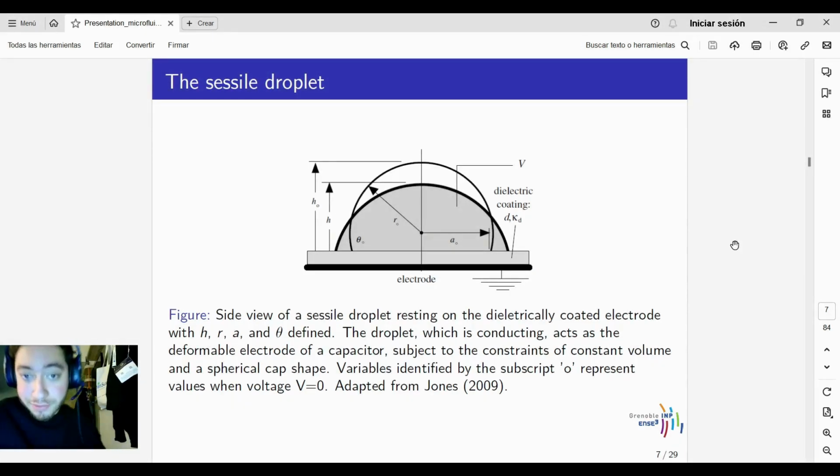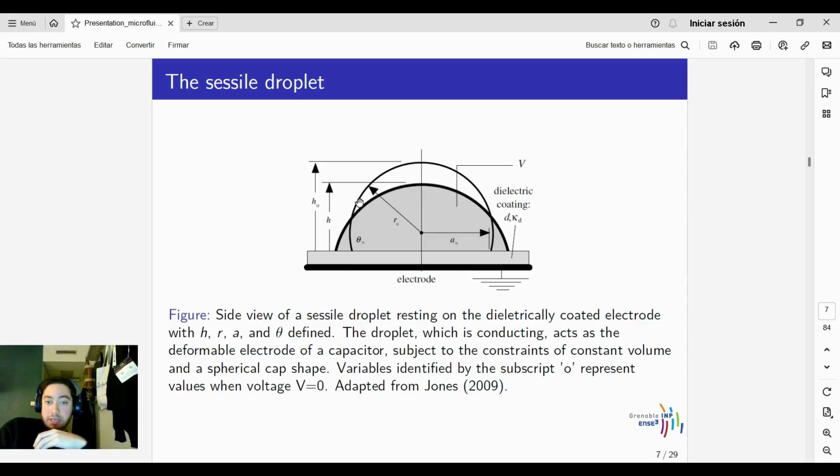So first we have the definition of a sessile droplet, or a liquid droplet. As we can see in the figure, it's the case where we have a liquid drop that is settled on an electrode. The drop initially is considered to be spherical. After we induce an electric field due to a different voltage on the electrode, it will cause the deformation or the movement of the water drop.